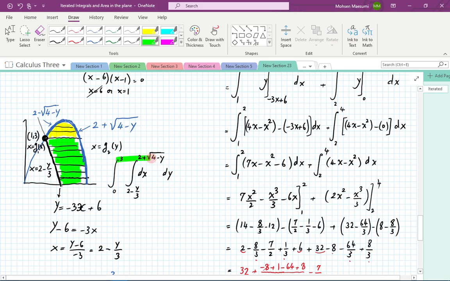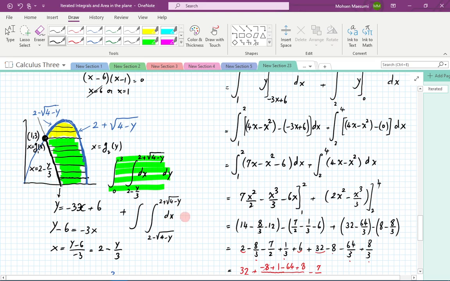And then to that we have to add another piece, the yellow piece. The left and right of it are two sides of this parabola. So it starts from 2 minus radical 4 minus y to 2 plus radical 4 minus y, with respect to x.